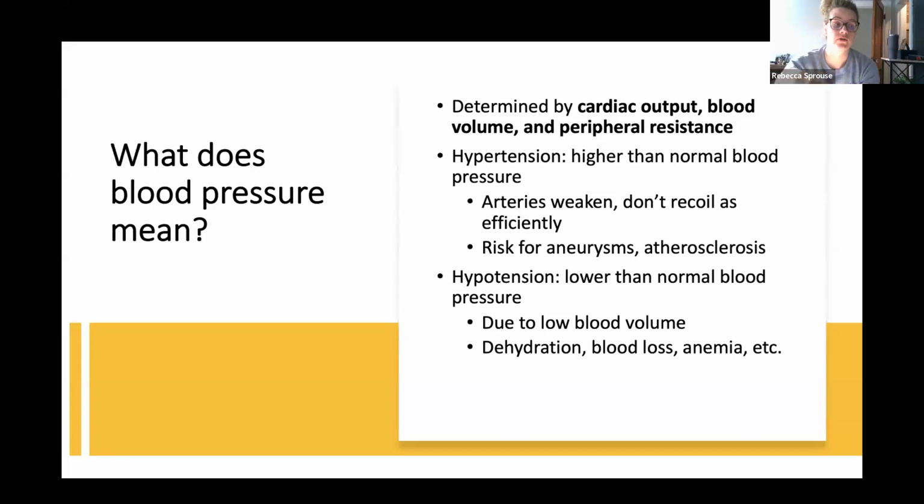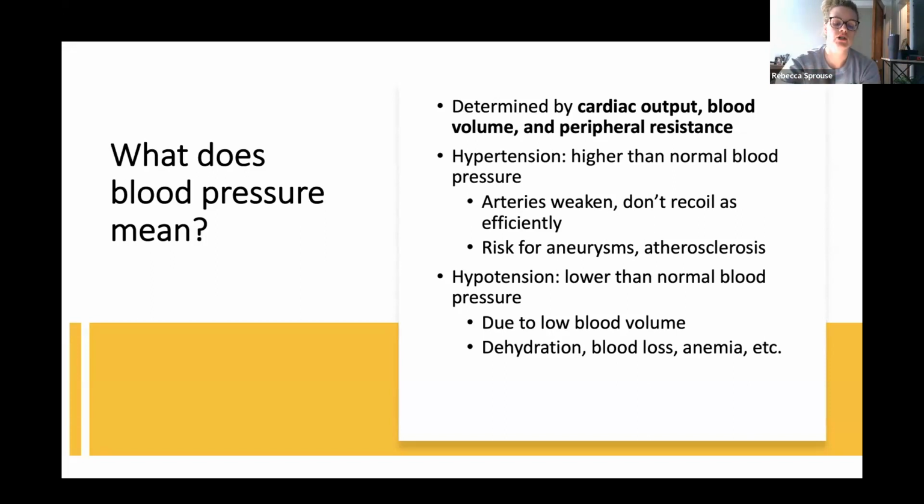And arteriosclerosis can also go in this. Atherosclerosis would be the buildup of plaque in the artery wall. Arteriosclerosis is the hardening of those arteries. So if your arteries are very hard or they have plaque in their wall, they cannot recoil as easily.